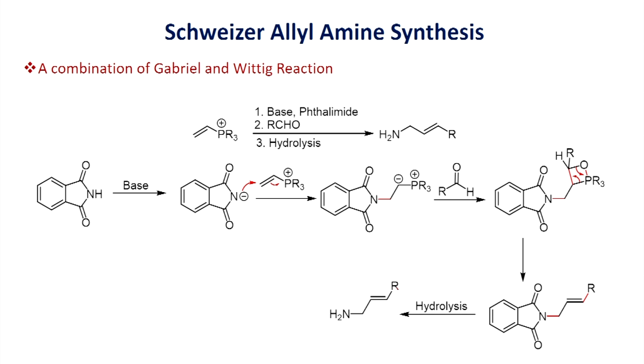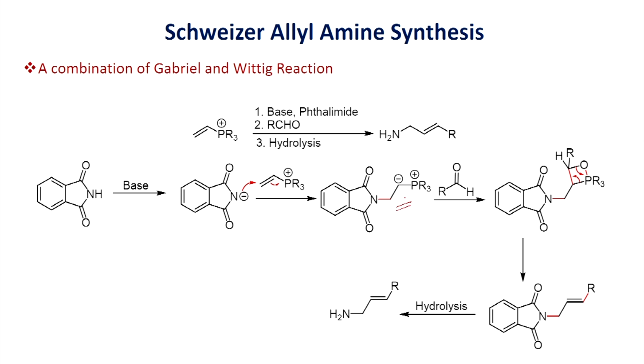If you have vinyl phosphonium salt, you can react it with imide, and if you react imide with base, you will be able to generate this anion, which can now undergo addition with this double bond to give this ylide.